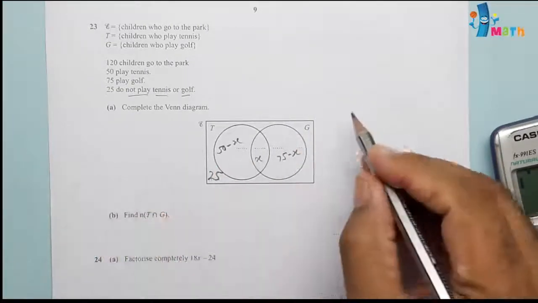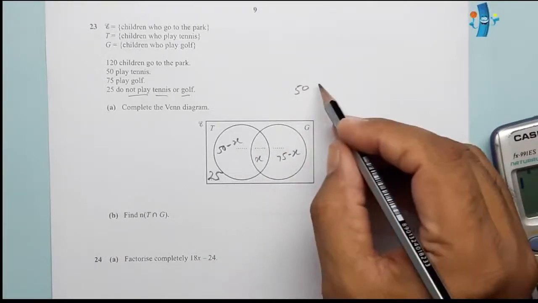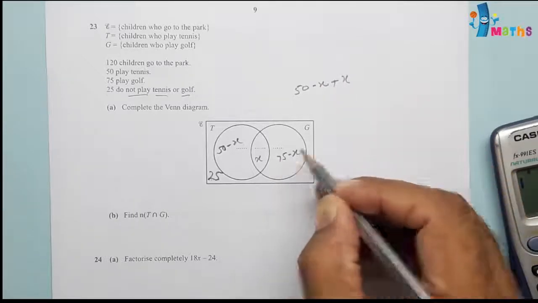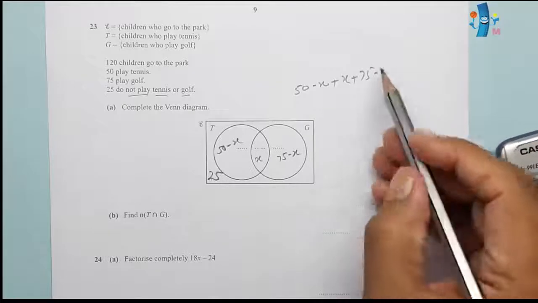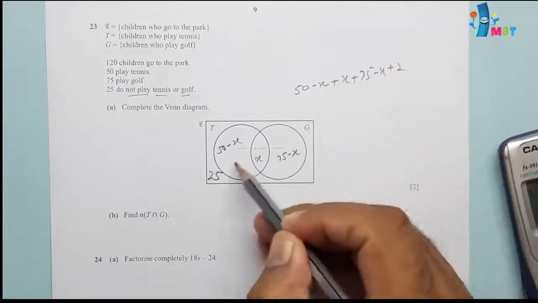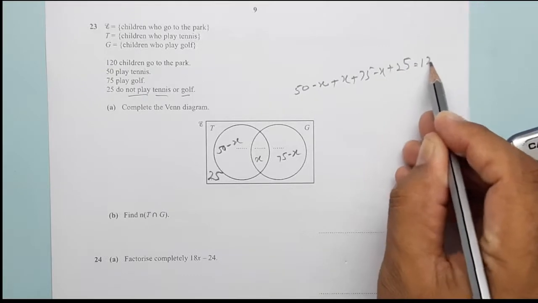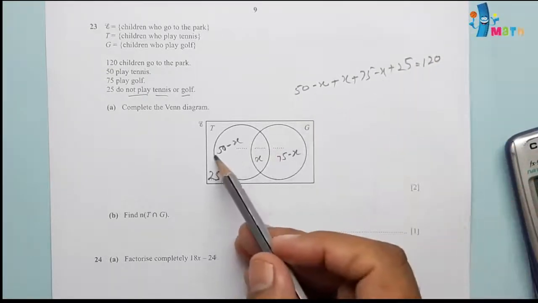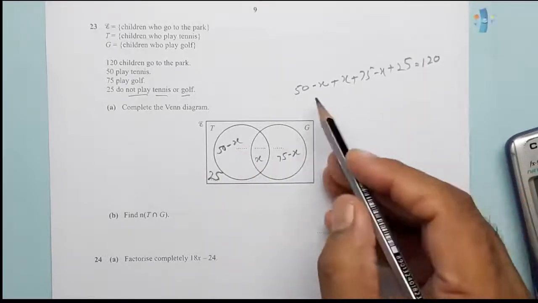The equation will be 50 minus X plus X plus 75 minus X plus 25, this one, total is equal to 120 children, right? So this is the equation. How did we form the equation? We added this plus this plus this plus this is equal to 120.